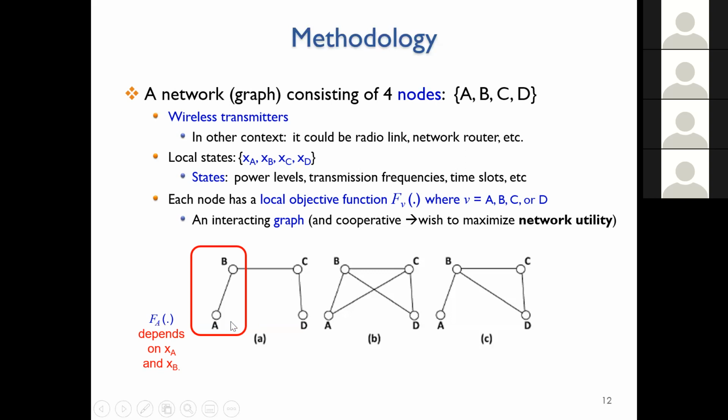Be aware that the local objective function is not necessarily the throughput or the measurement for the user A. For example, you can say what I care about is the SNR level or throughput of user A. Here, for the purpose of the optimization algorithm design or numerical reasons, you can define FA as a local objective function not only considering the signal to noise, the throughput of A, but as a function of A and B at the same time.